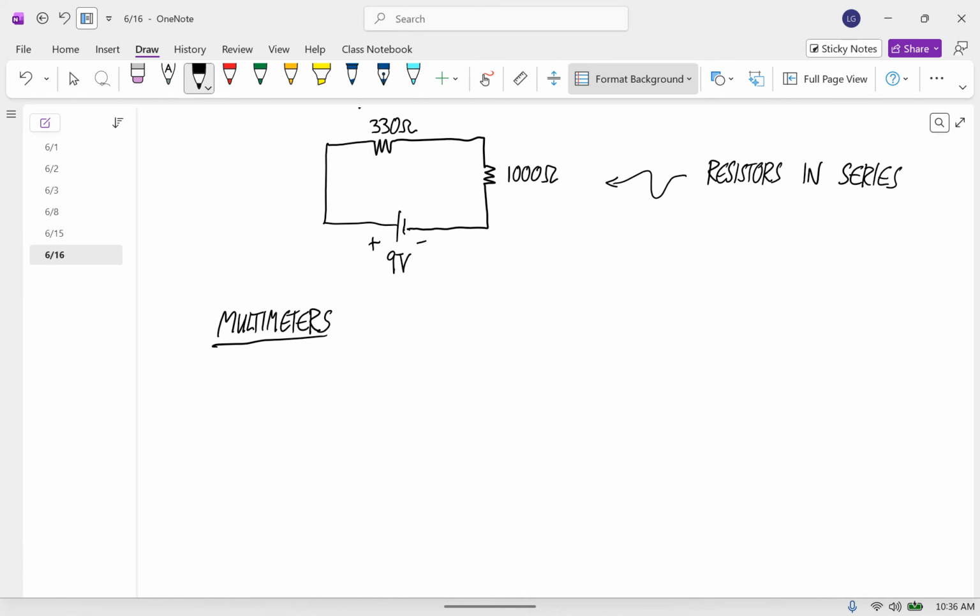So these multimeters can measure 3 things. Some of them actually can measure a 4th thing, but it's not something we're going to use in this class. They can measure resistance, voltage, and current.